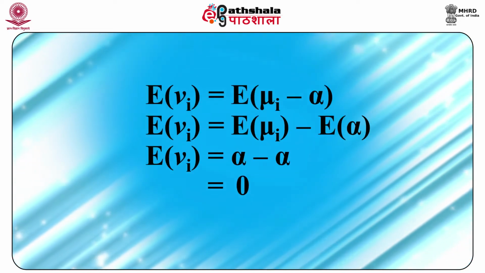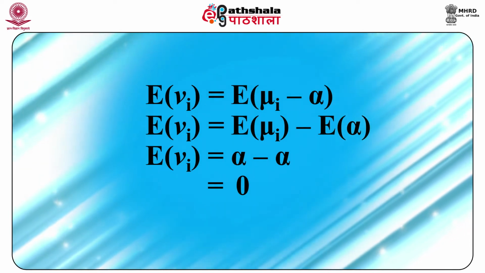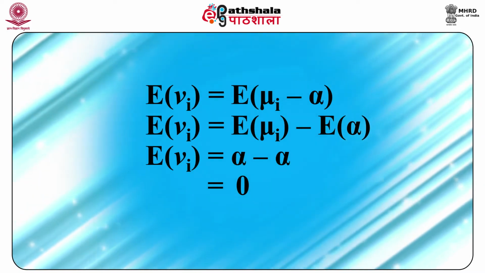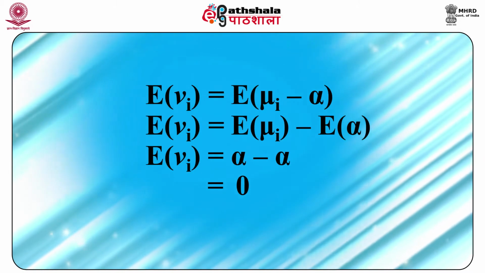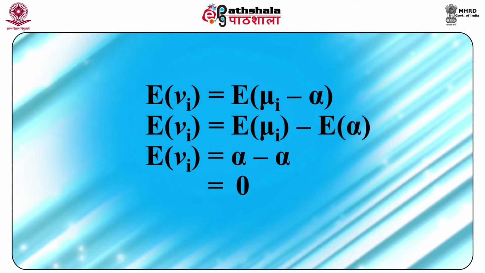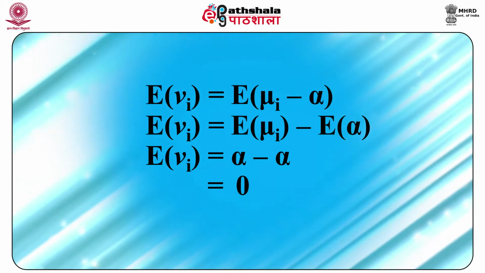So the expected value of Vi is equal to the expected value of mu i minus alpha. Hence, the expected value of Vi is equal to alpha minus alpha, which is equal to 0. The intercept in this equation takes in the non-zero component of the error term, making its mean always 0. That is the implication of the introduction of the variable alpha in this case.